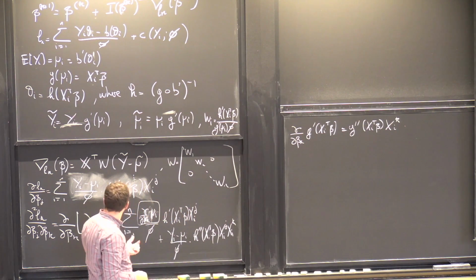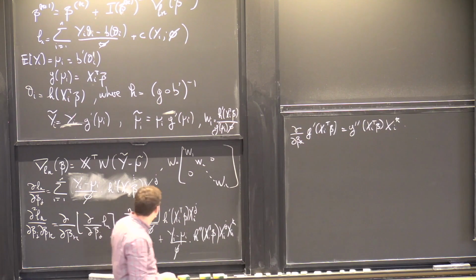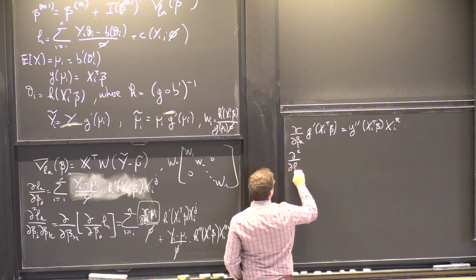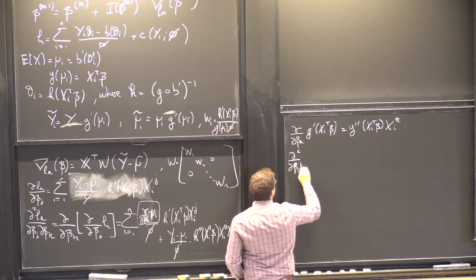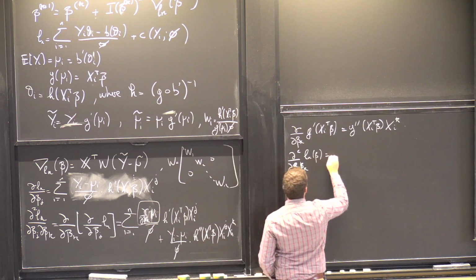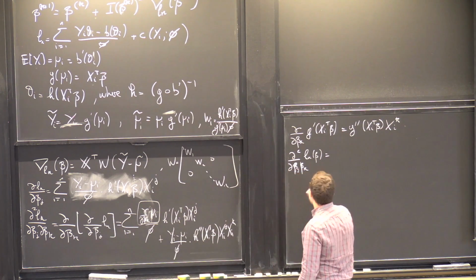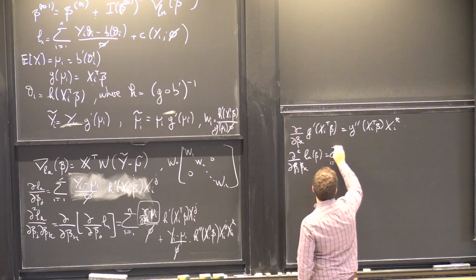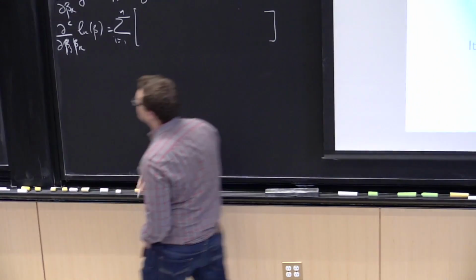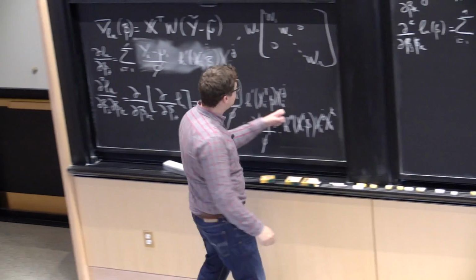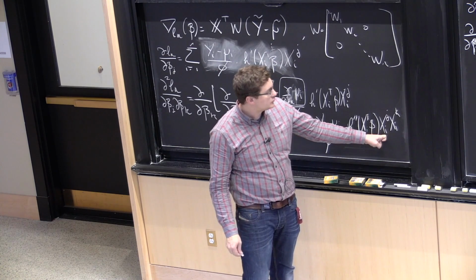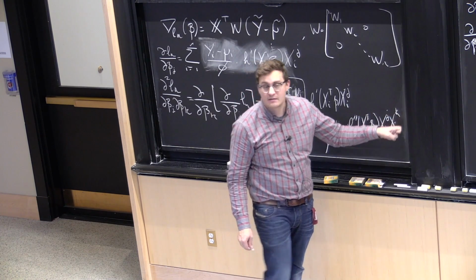If I collect my terms, the second derivative is the sum from i equal 1 to n. Then I have terms that I can factor out, right? Both of these guys have xij, and this guy pulls out an xik, and it's also here, xij times xik.